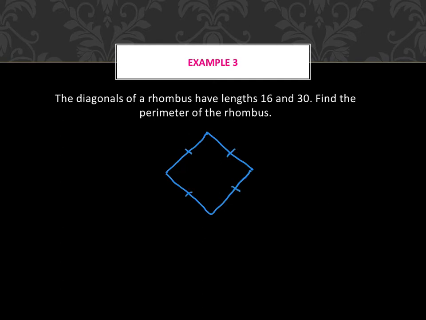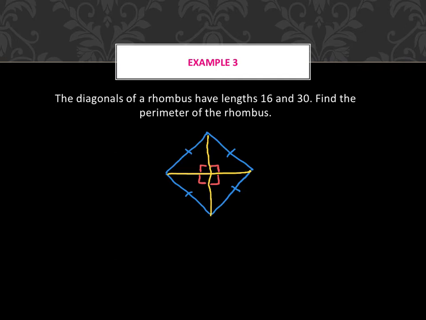I also know that the diagonals are perpendicular, which means I now have 4 smaller right triangles. They're telling me that my diagonals have a length of 16 and 30.